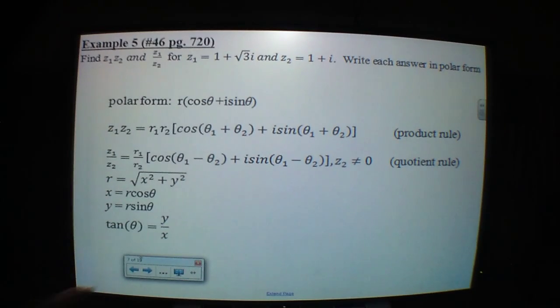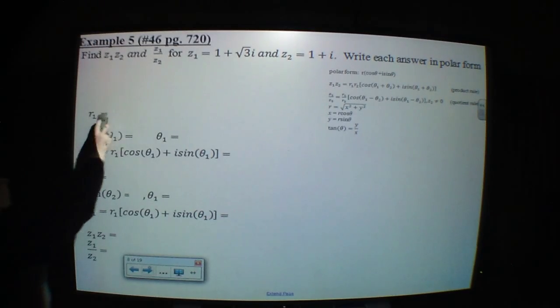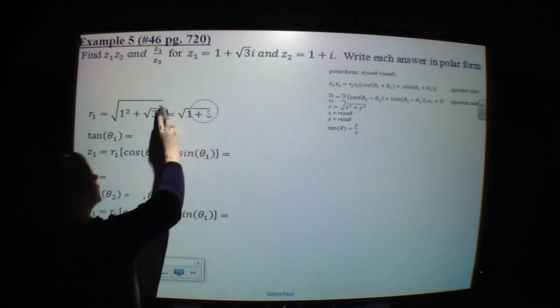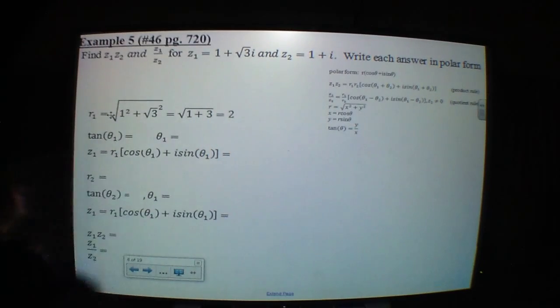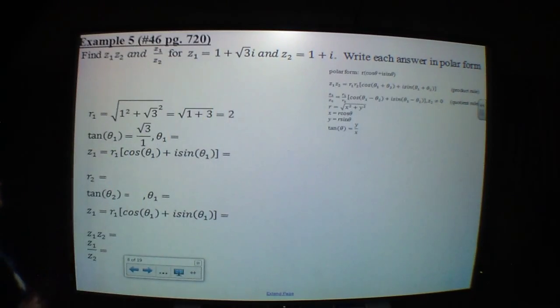Okay? So let's do it. I'm going to do it on the next page. So, r sub 1: 1 squared plus radical 3 squared, and then you take the square root. 3 plus 1 is 4. Square root of 4 is 2. Tangent of theta is radical 3 over 1.